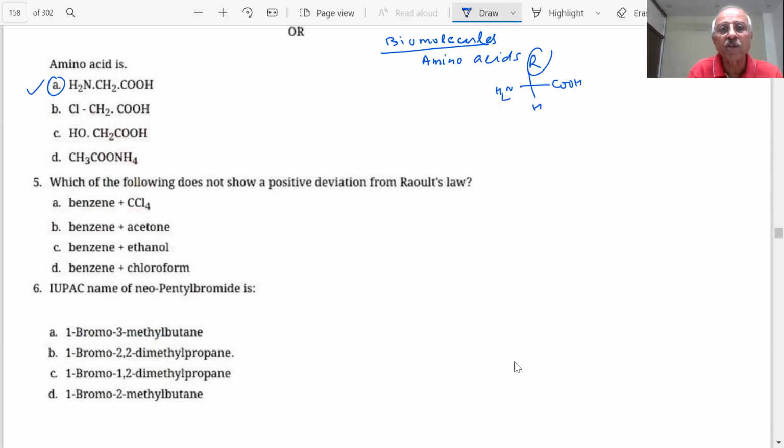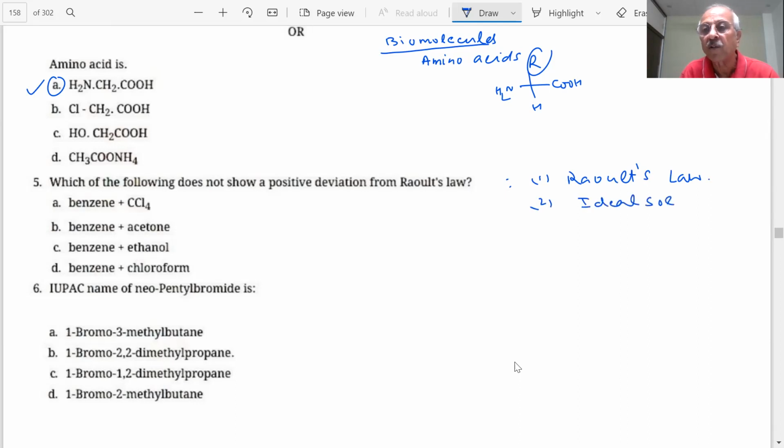So students, next question on the screen. Which of the following does not show positive deviation from Raoult's law? Now, in order to discuss, we have told you what is Raoult's law, students. Those solutions which obey Raoult's law under all conditions, at all concentrations, are called ideal solutions.